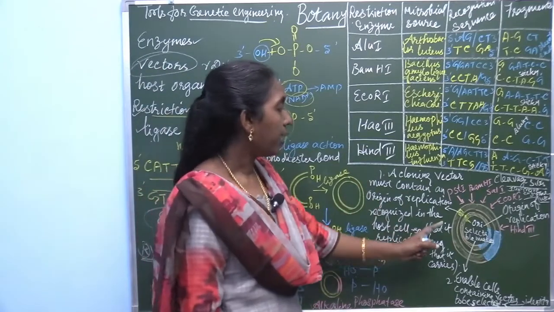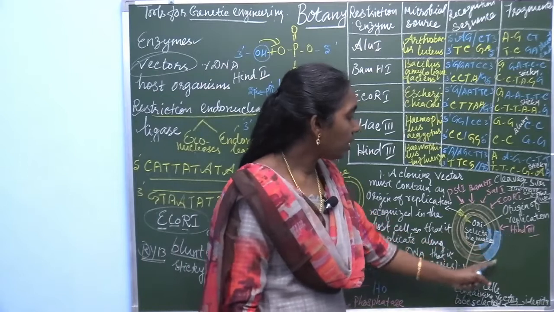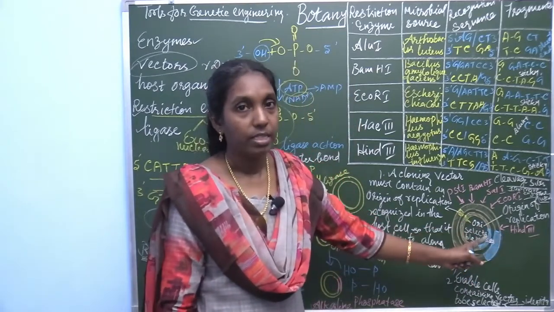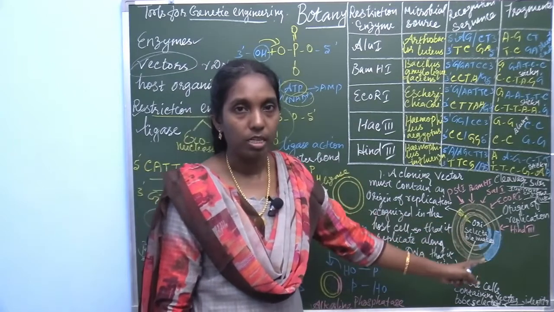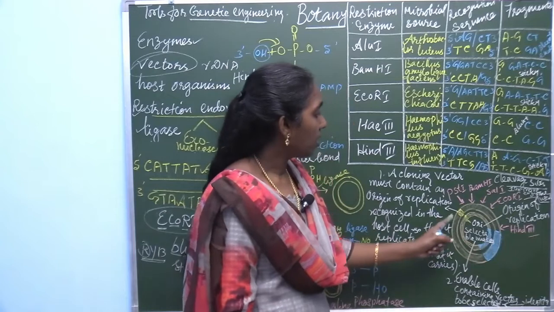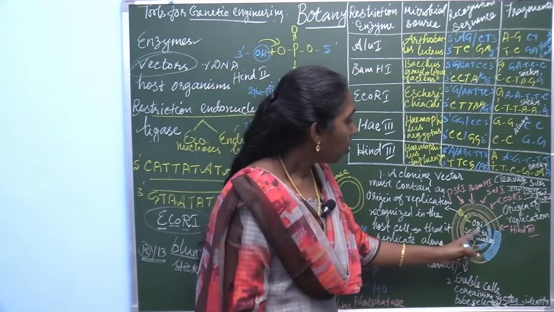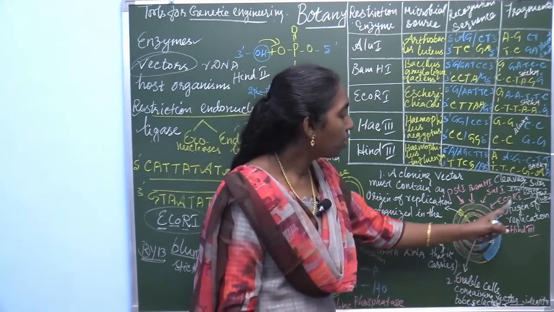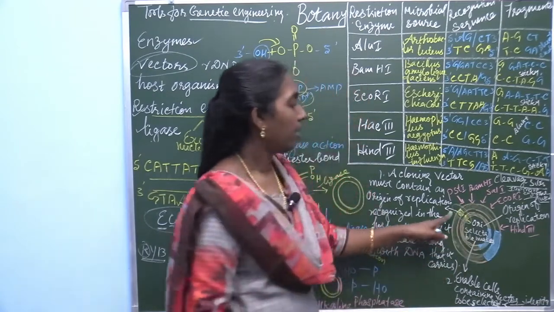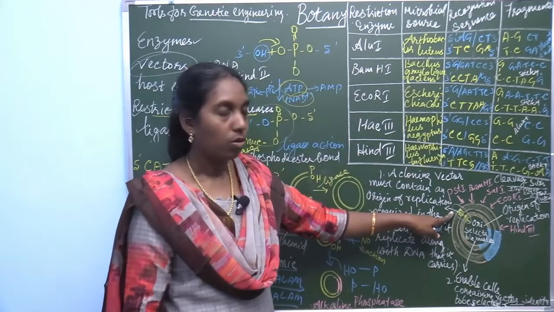Look at this diagram. See there, this is the plasmid. This plasmid used as a vector is also called a cloning vehicle. In this there are three important regions. This region is called ORI, the origin of replication. What's the role of this?